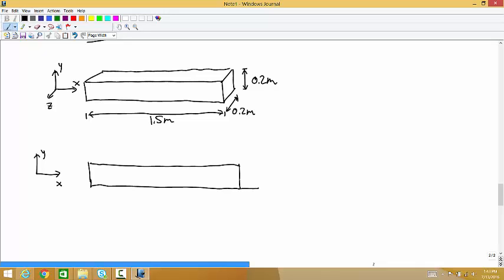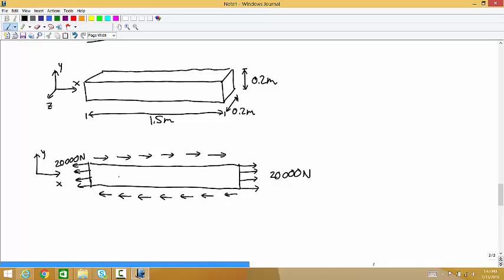And let's say we have a uniform distributed load acting on this side and an equal and opposite one on this side that has a total value of 20,000 newtons. And then we have distributed loads on the top and bottom, given in terms of newtons per area.